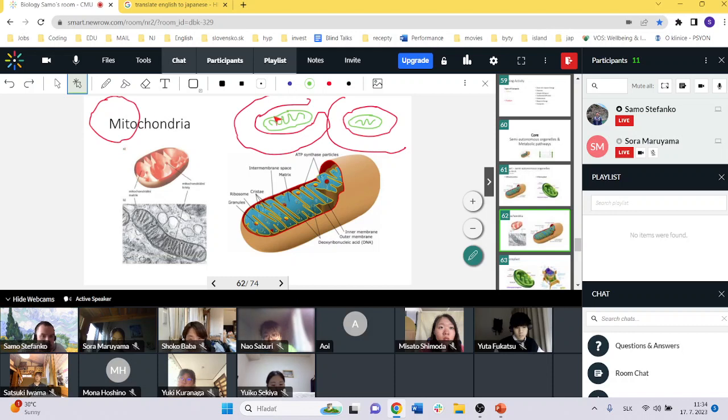When it was phagocytized, the mitochondria became surrounded with the plasma membrane of the ancestral eukaryotic cell, and this represents the current outer layer of mitochondria.